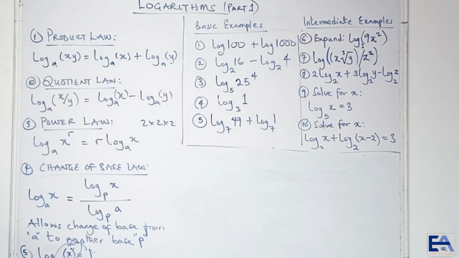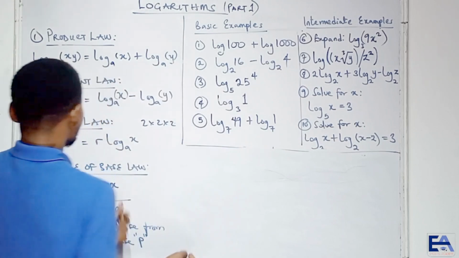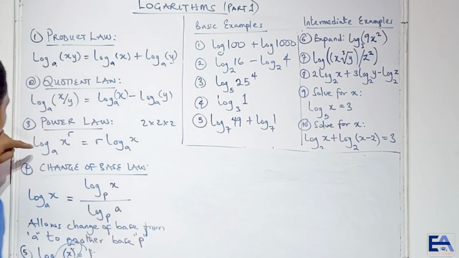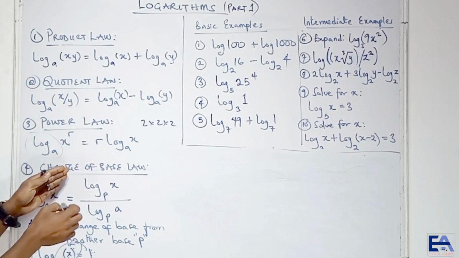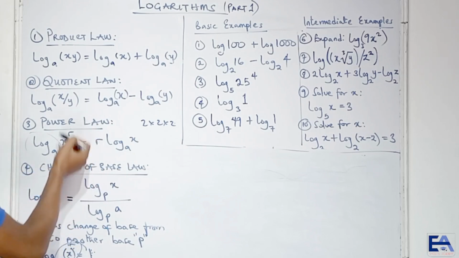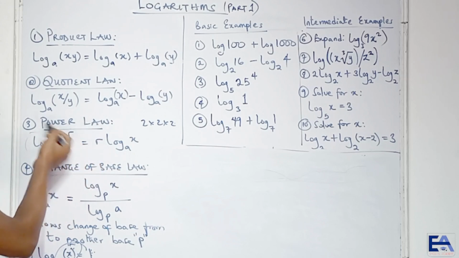As for the power law, the power law is just trying to make us understand that if you are taking a logarithm, this is the logarithm and the base, and this is the number, but the number itself is carrying a power. Whenever you have that kind of scenario, take the power back.